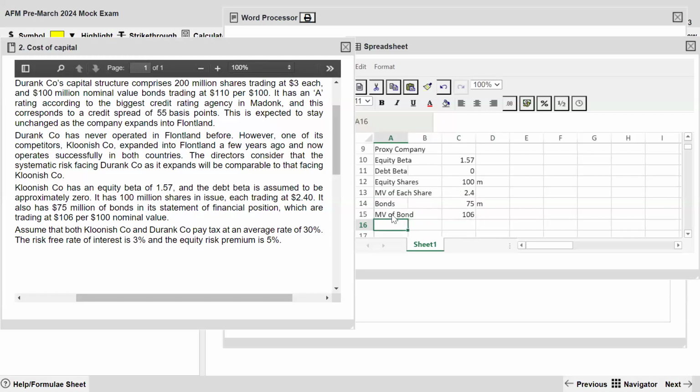Assume that both Clunish and Durham pay tax at an average rate of 30%, and the risk-free rate of return is 3%.